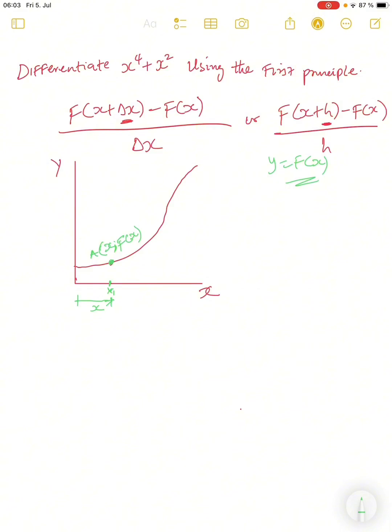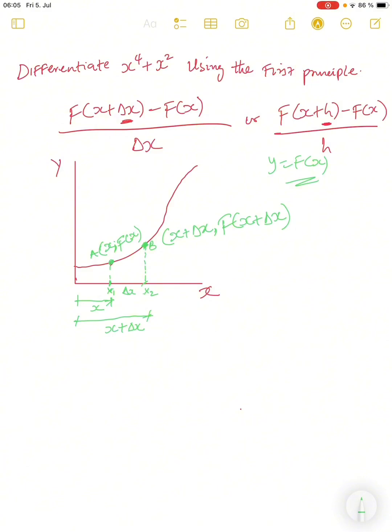There is an increment in x, say delta x, so at another point, let's say point B, the overall length now becomes x plus delta x. At this point our x length is x plus delta x, and our y will now be the function of that x plus delta x.